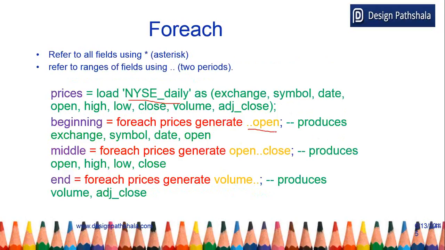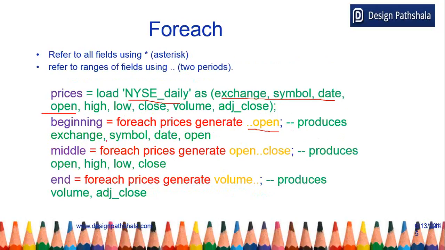So if I say ..open, what it means is load all the columns before the open column in my data set. The columns which are before open are exchange, symbol, date. So beginning as a variable will have all the columns exchange, symbol, date, and open.